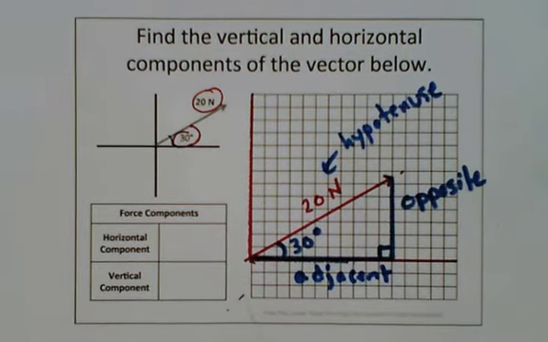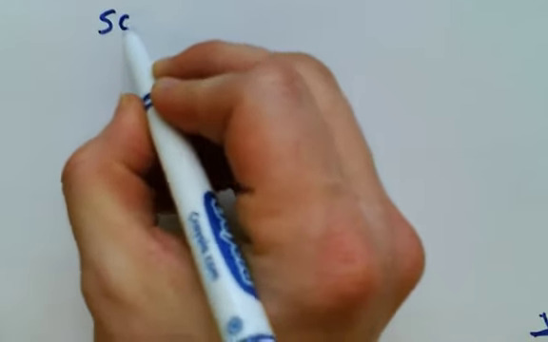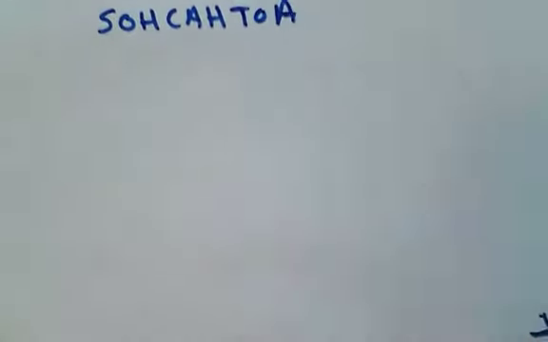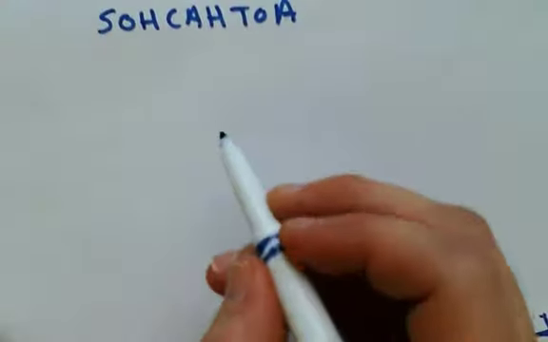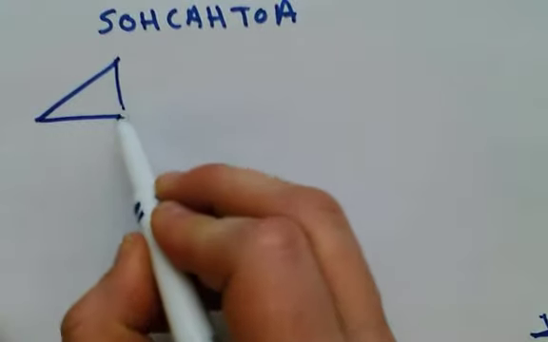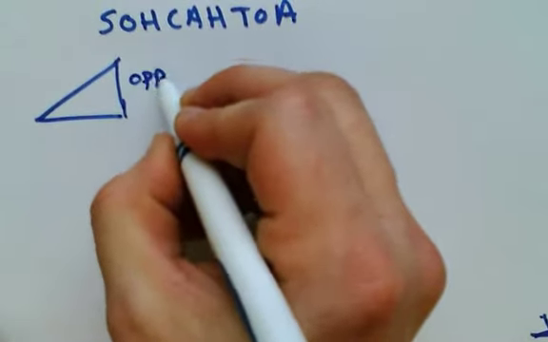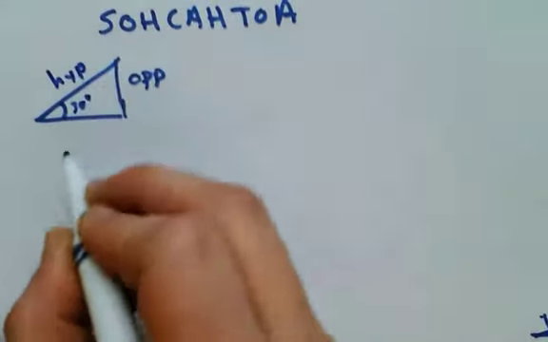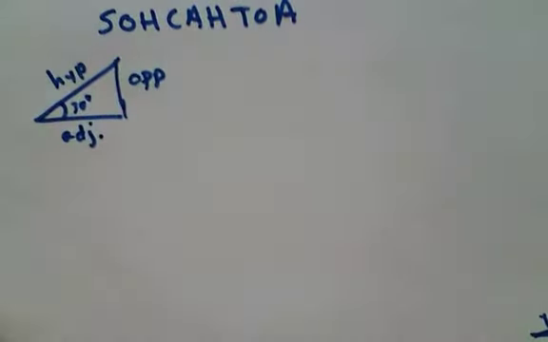Now you'll need to remember some relationships from geometry. If you haven't learned them yet, you will be seeing them soon, so go ahead and commit this to memory. So there's an abbreviation, SOHCAHTOA, to help us remember how the sides of a triangle are related to each other. For any right triangle, we can use this relationship. Remember that we need to have the opposite side, if this is our angle here, the hypotenuse, or the adjacent side.